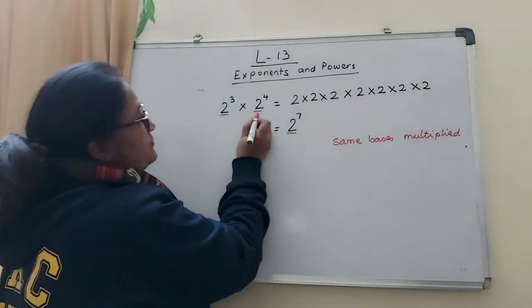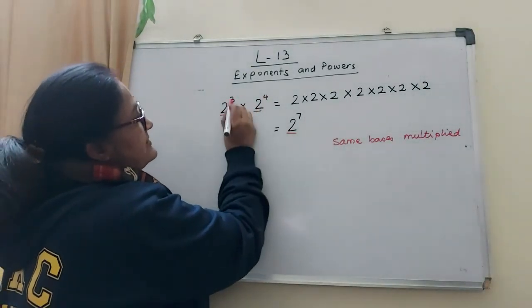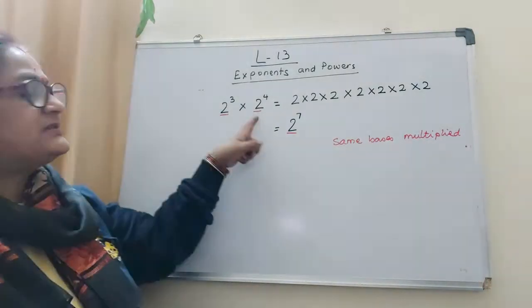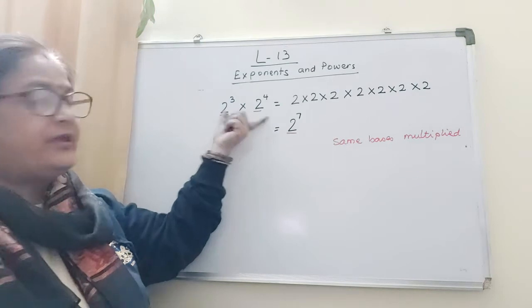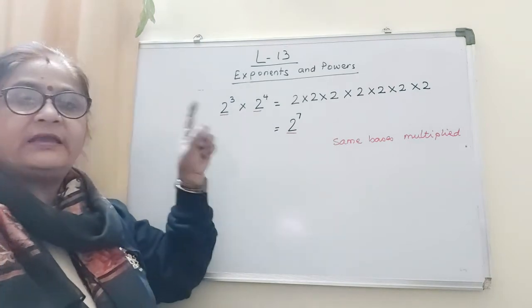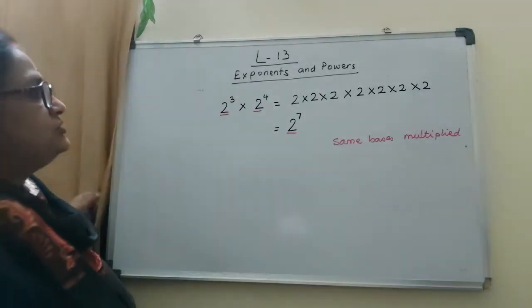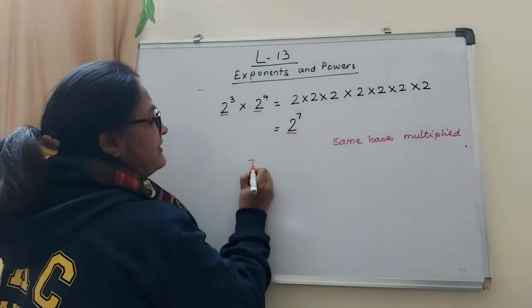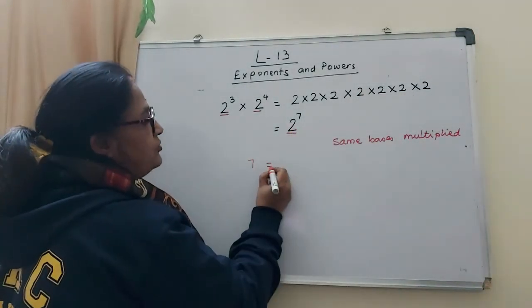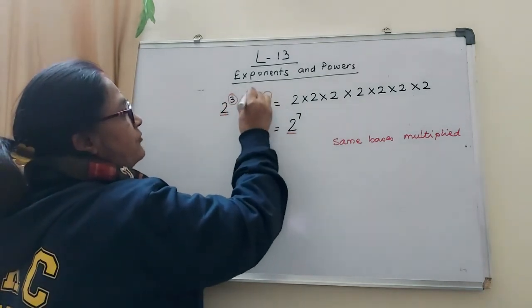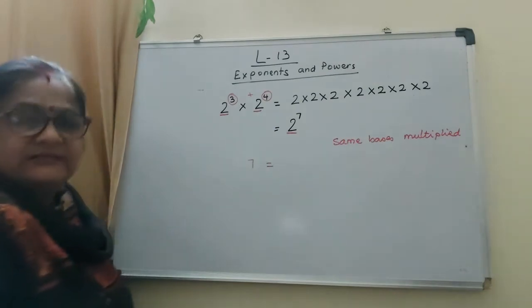But these two bases did not have the same power. Power was not same. Base was same. Power was different. But when I got the answer in the same base, what happened to the power? 7 I got as the power. How do I get 7? 3 plus 4 is 7.